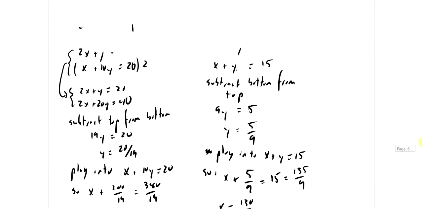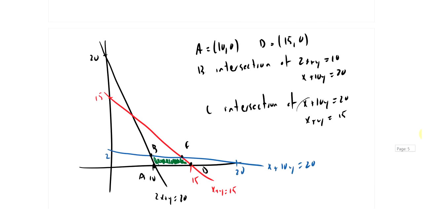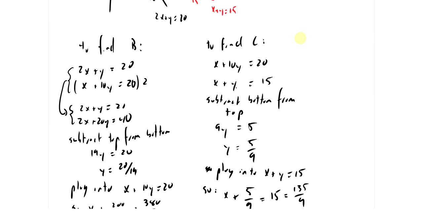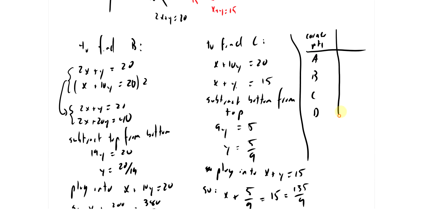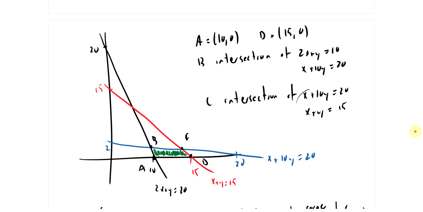Excellent. So we can make a little table if I have just a little bit more space here. What are my corner points? A, B, C, D. And what are the coordinates? Well, A, as we know, was 10, 0.